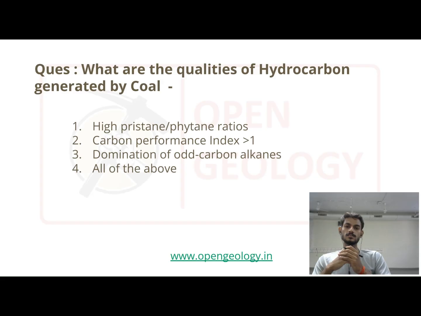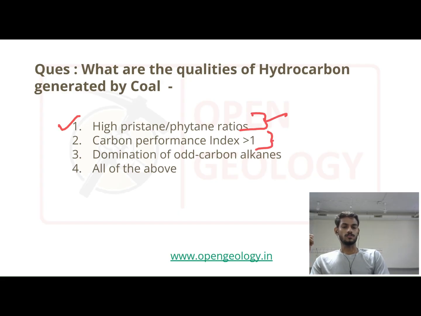Then the next question is: what are the qualities of hydrocarbons which are generated by coal? There must be some particular qualities because hydrocarbons can be generated by other sources like kerogen type 1, 2 and from coal as well. There are some distinct properties like high pristane to phytane ratios.